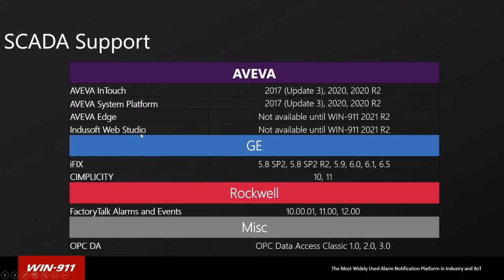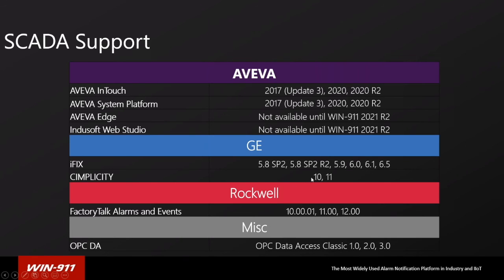So right now, Edge and InduSoft are not available for 2021, but we are going to be releasing that in R2, and that will be at the end of Q3, which is coming up pretty soon, end of September, October, I think. And then with iFix, we still go pretty far back. 5.8 SP2 is pretty old still, but no more earlier versions than that.